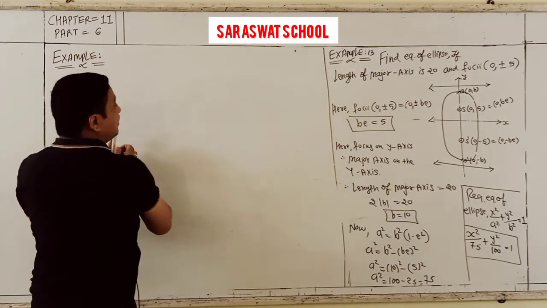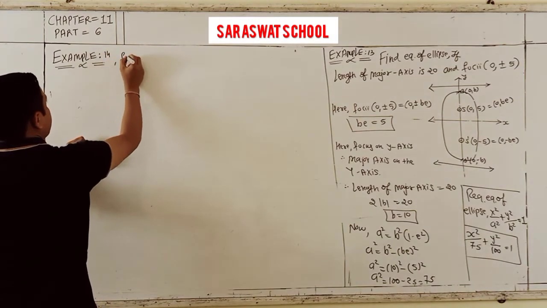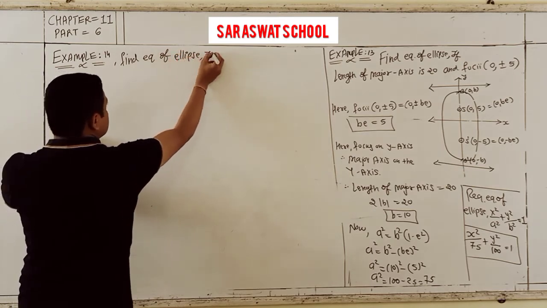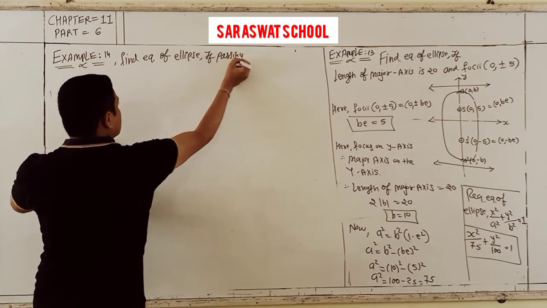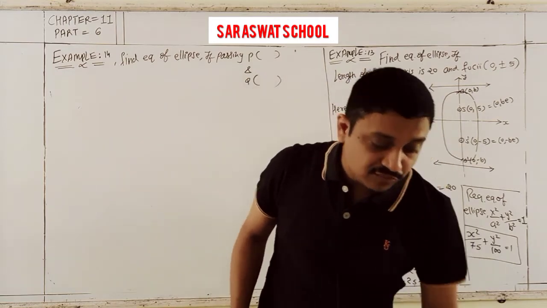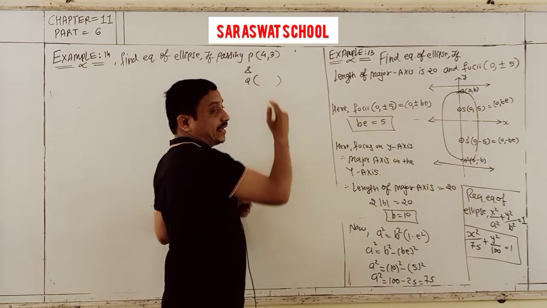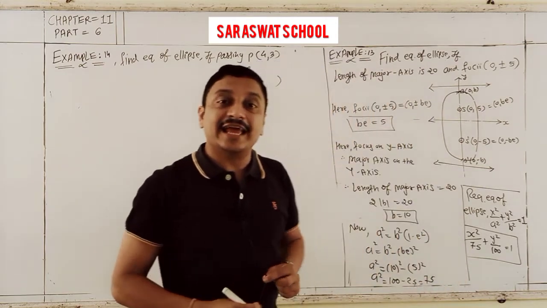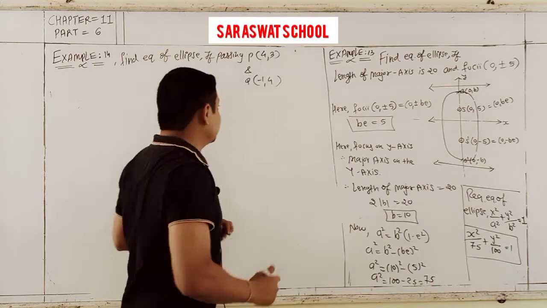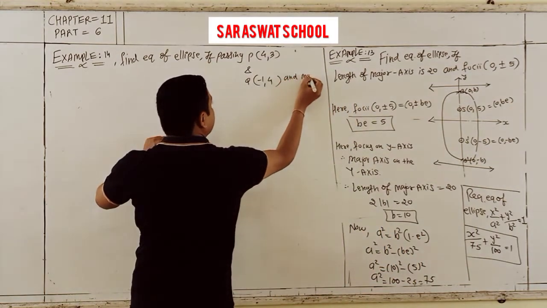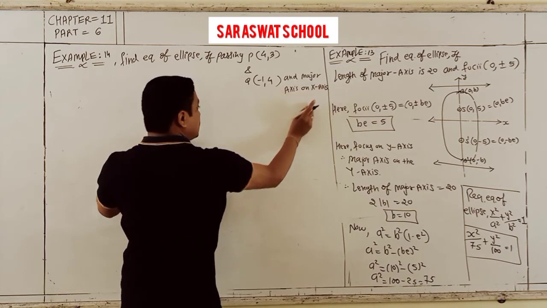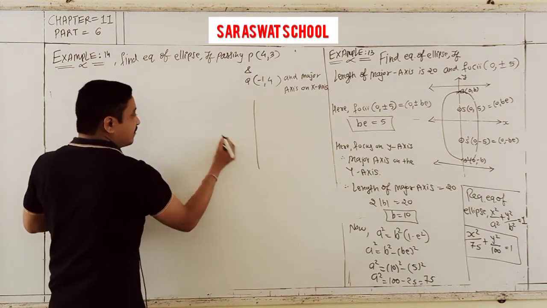Similarly, example 14: find the equation of the ellipse passing through the points P (4, 3) and Q (−1, 4), given that the major axis is on the x-axis. Very easy, I just draw a rough figure.